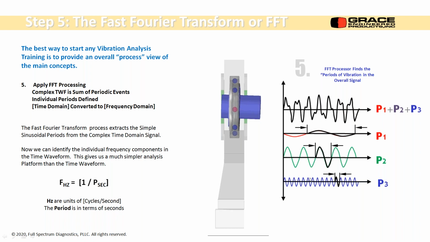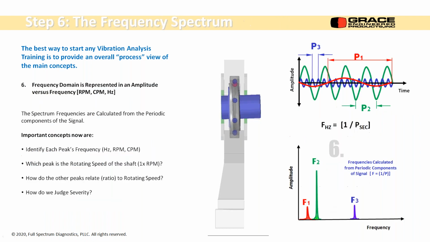And the whole idea is to strip out these components and turn it into a frequency spectrum, which is what we're doing here. So I have the same periodic events up at the top, 3 different periods. If I use that frequency as 1 over the period, I can calculate their frequency component.